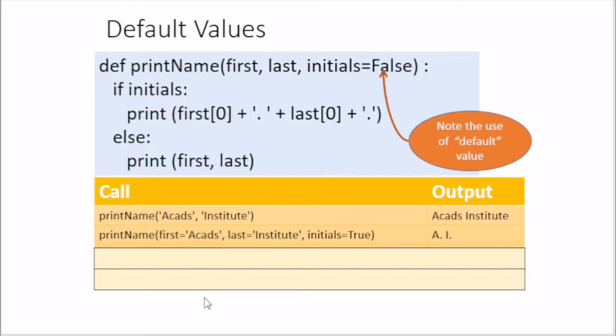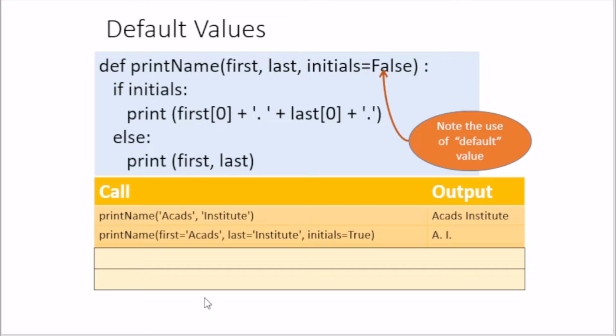Second, we have assigned the keyword arguments first equals to ACADS, last equals to institute, as well as we have specified initial equals to true. So this time, as we are passing the value of the parameter, it is not going to take the default value.